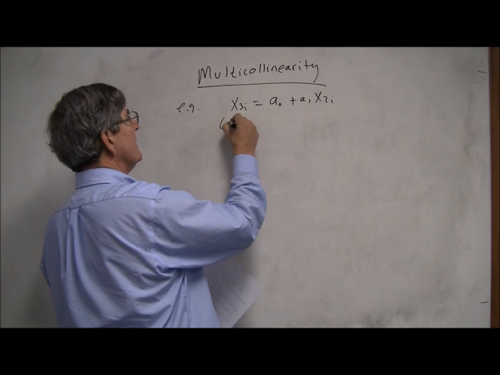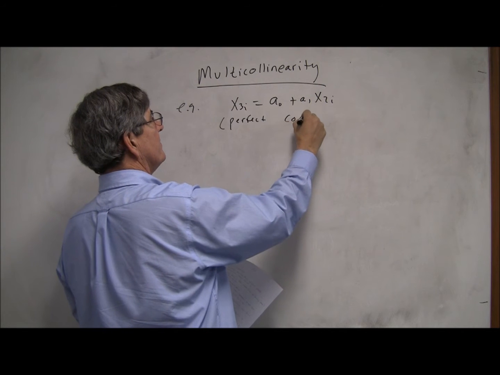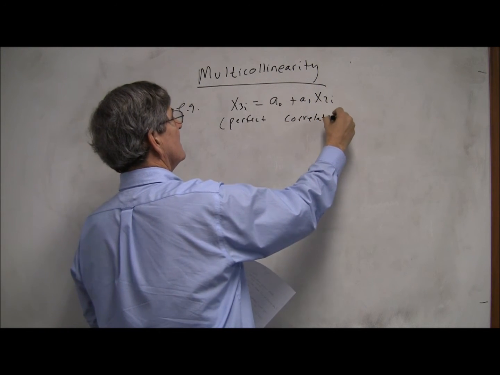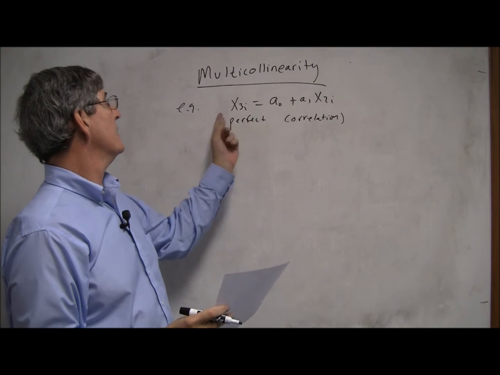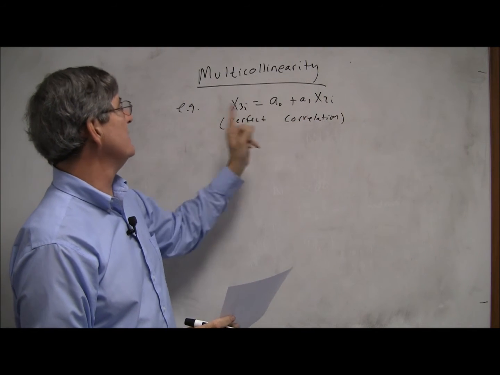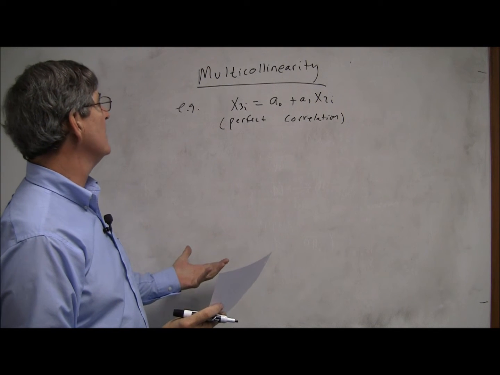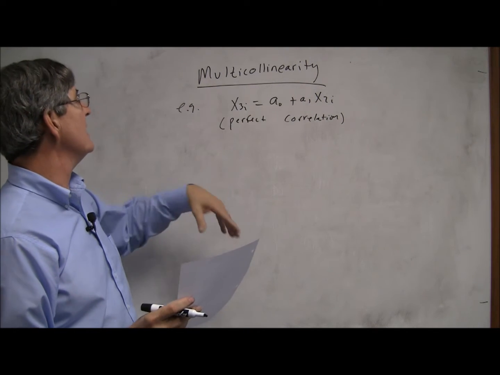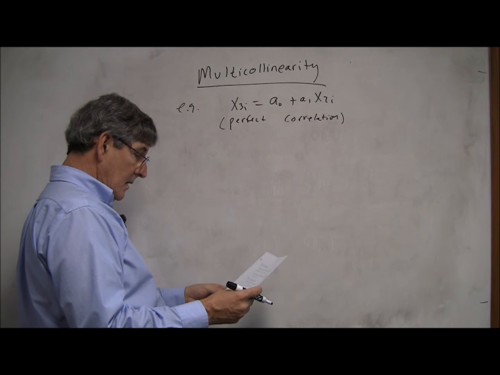So this was perfect. There's perfect correlation between these variables. You can't tell them apart. The regression model can't tell them apart, and that's why the regression fails. It looks like the same variable to the model because they move identically. They're perfectly correlated.